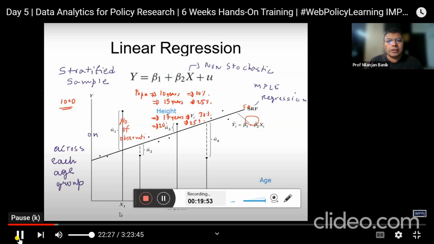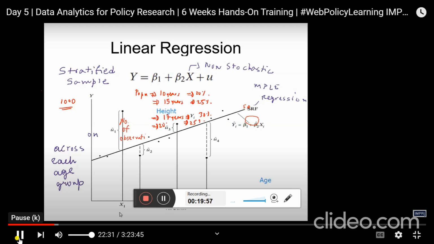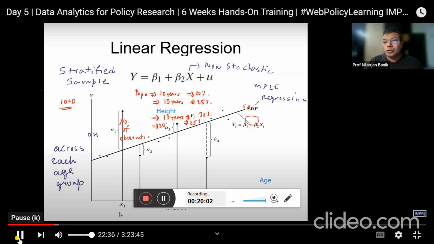Priti is saying stratification is to pick a homogeneous sample, just to take an equal number of participants from each group. No, that's exactly what I'm not saying, Priti. Basically, what I'm saying is that at the end of the day, we are trying to reach the population from the sample, right?